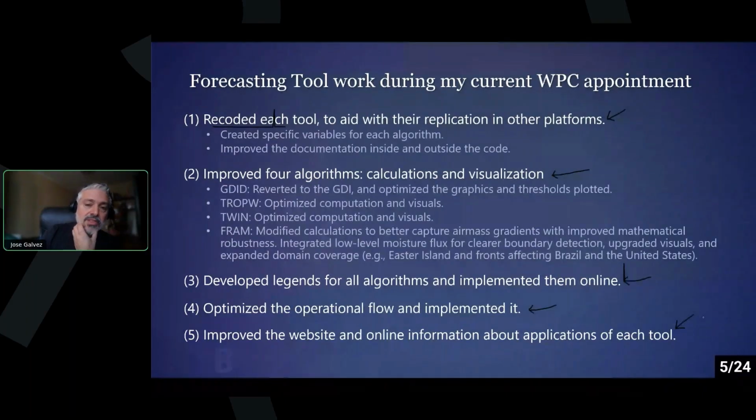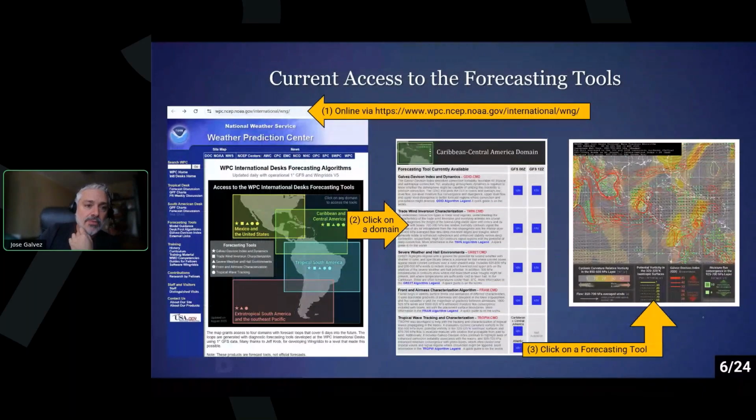So we'll share the presentation, but basically, if you're familiar with the access of the tools, this is the website. If you go to WPC, the International Desk website, you will find them. So you can access via this link, which I'm going to share later with the presentation, or you can also access on the site, desk algorithms.